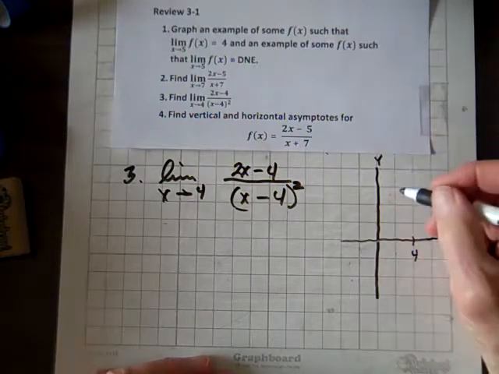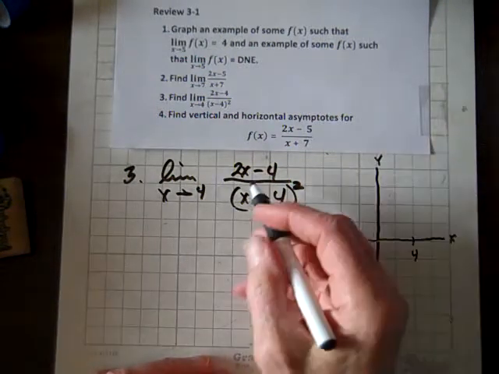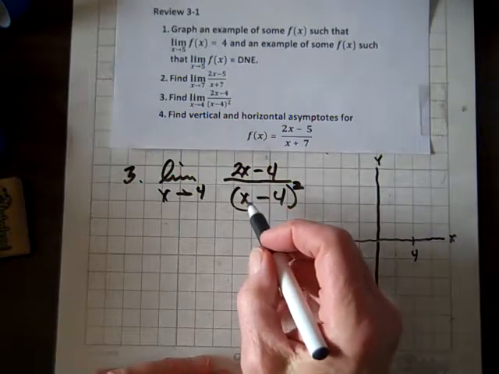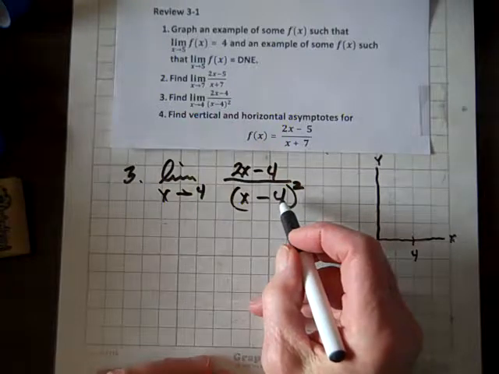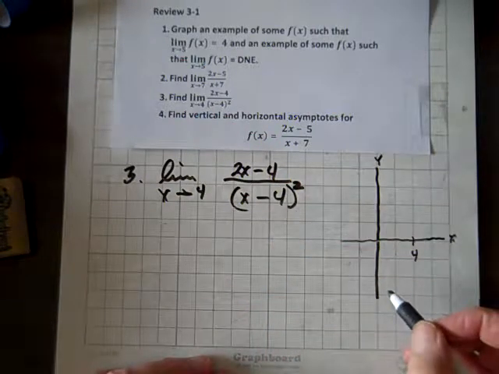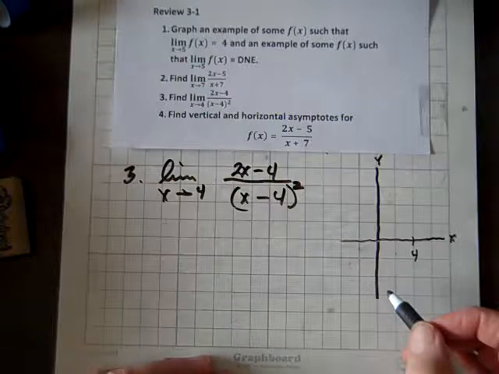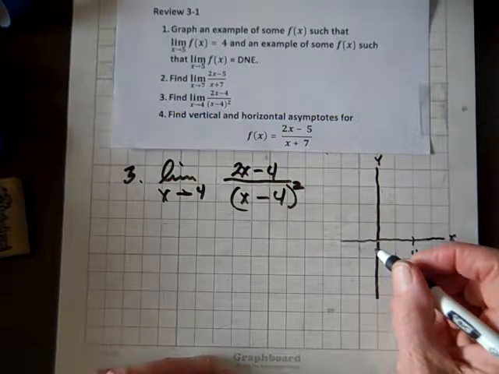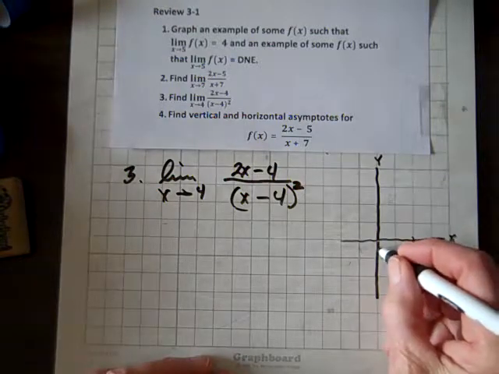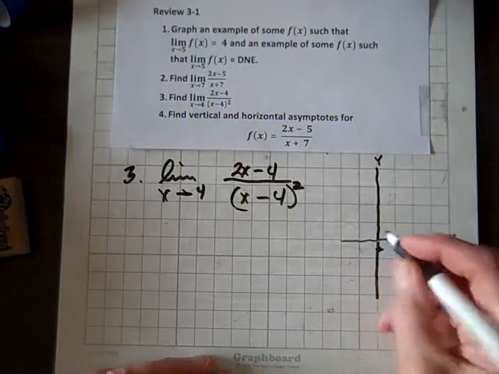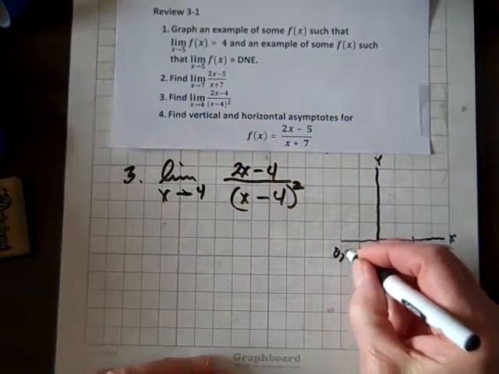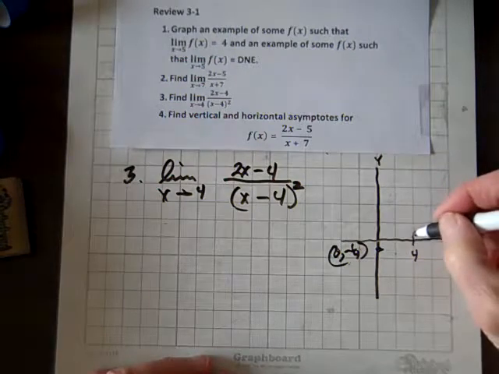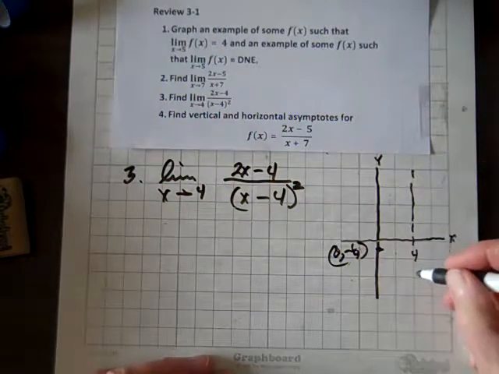And we're going to have a y-intercept at letting x be 0. Squaring this, we get negative 4 over 16, which is negative 1 over 4. So 0, negative 1/4.